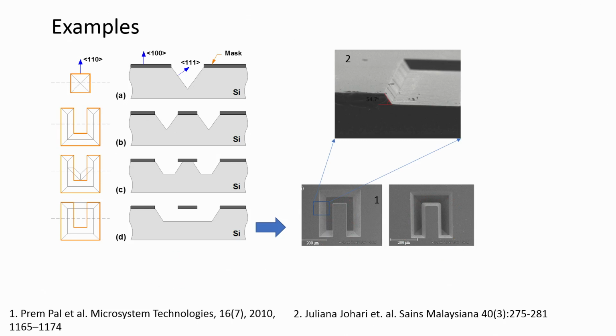There is also another paper, by Jory et al., that we have used to get the idea of how the cantilever looks when it is released with the help of the etching technology. So, we can have a V groove, a truncated pyramid, and a pyramid, three types of structure when we are using micromachining.